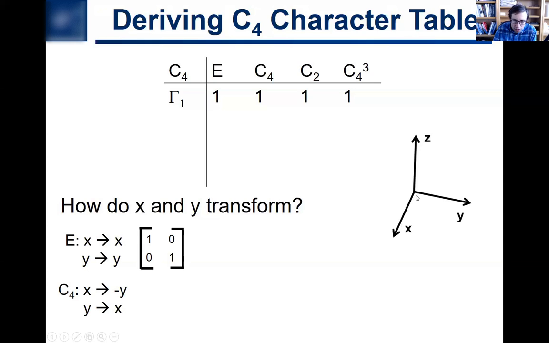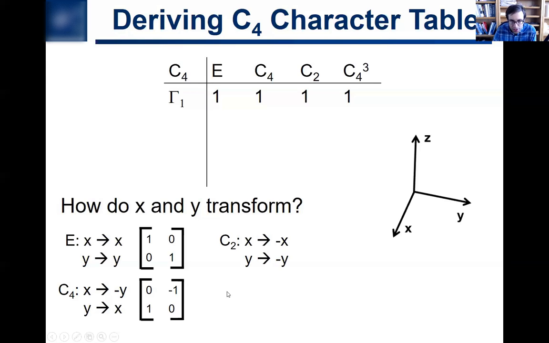If we rotate an x vector, it's going to go into -y, and y is going to rotate 90 degrees into x. So they're transforming into one another, so we can't break them up. That's going to be your matrix for x going into -y. Remember, this is multiplied by a 2x1 xy vector. y goes into x.